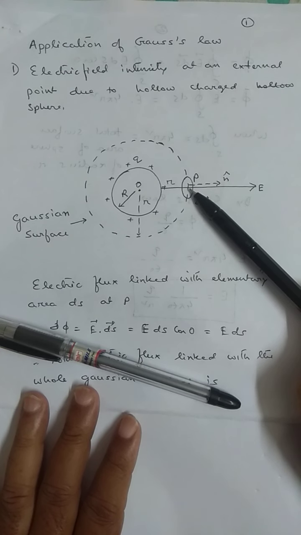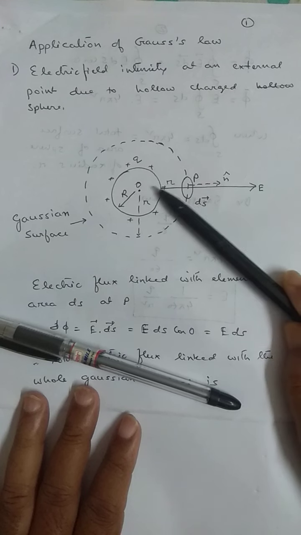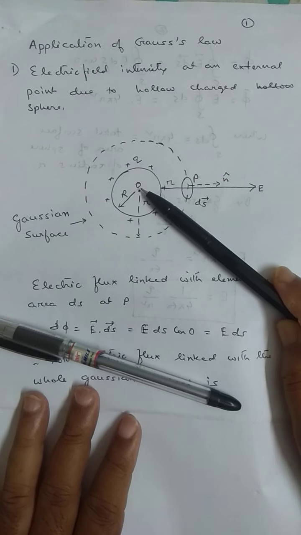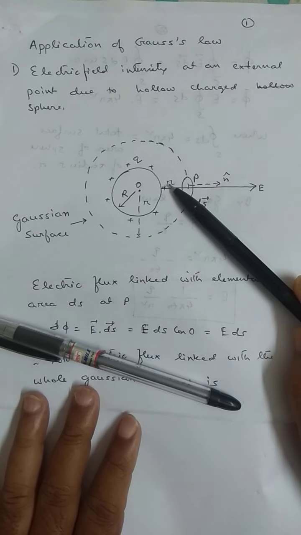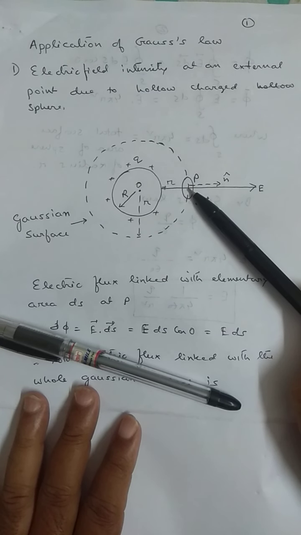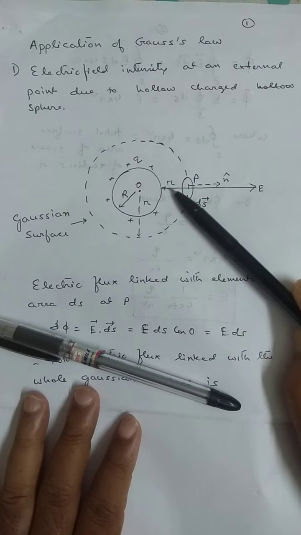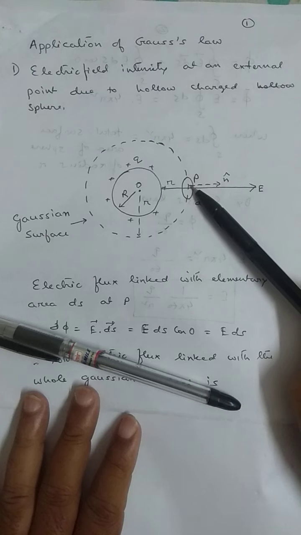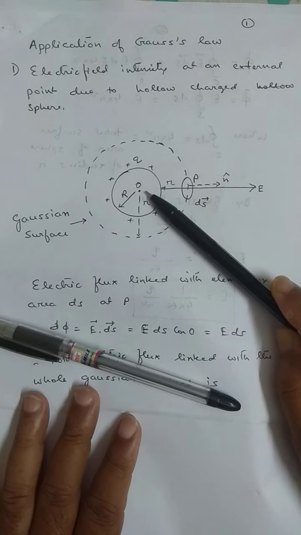We have to calculate using Gauss's law the electric field intensity at an external point P, which is small r distance away from the center of the charged body. This distance is not R. From here to here, this distance is r. What is r? It is the distance of the point P from the center of the hollow charged body.